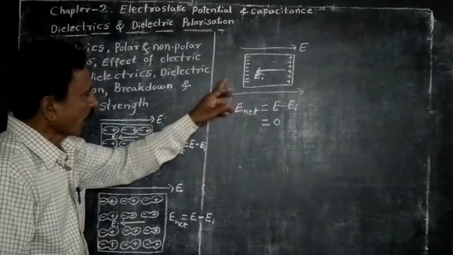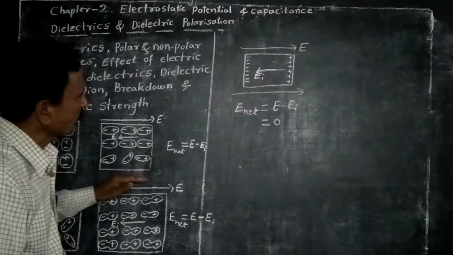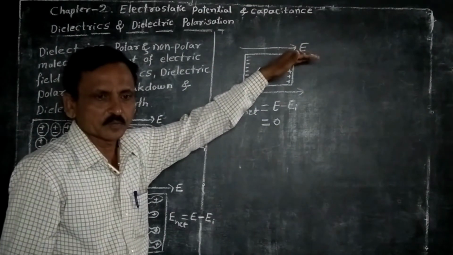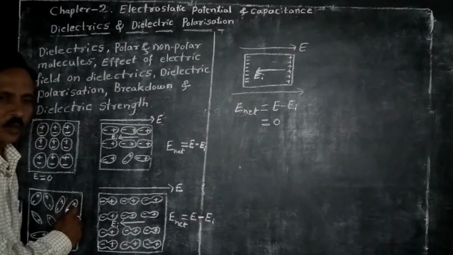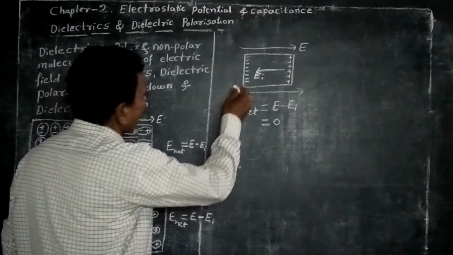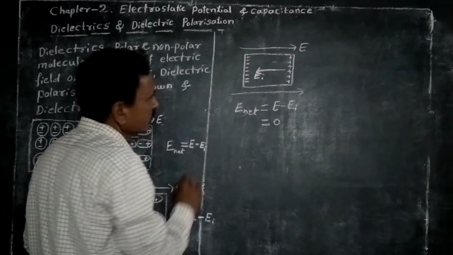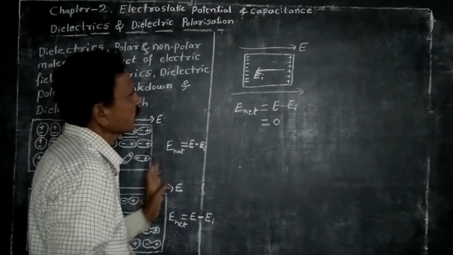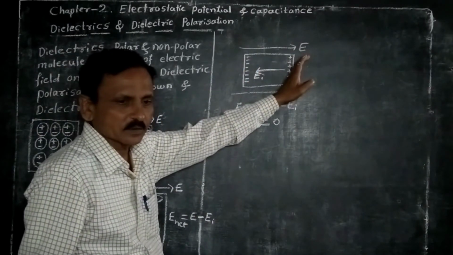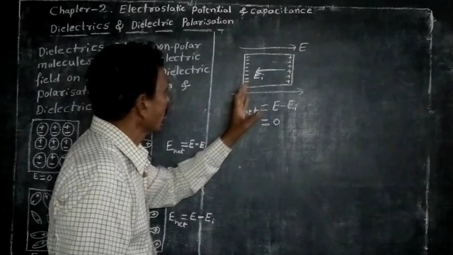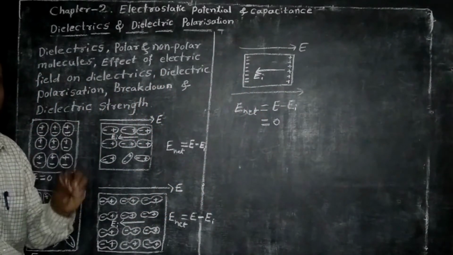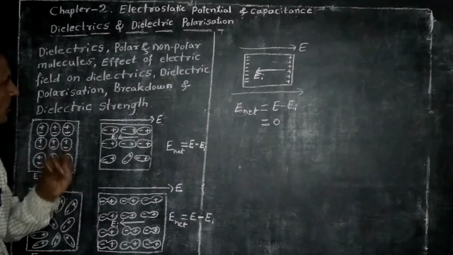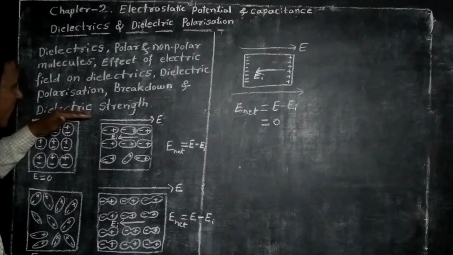And as the external electric field is increased, negative charges detach from the molecule and they accumulate on one surface and positive charges on the other surface, and this is called dielectric breakdown.